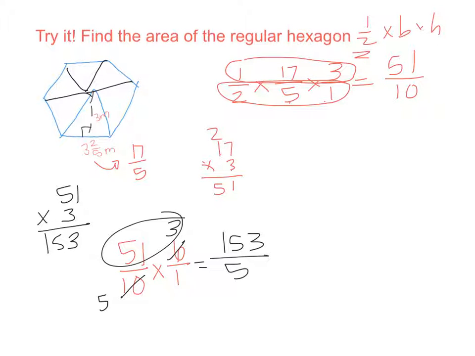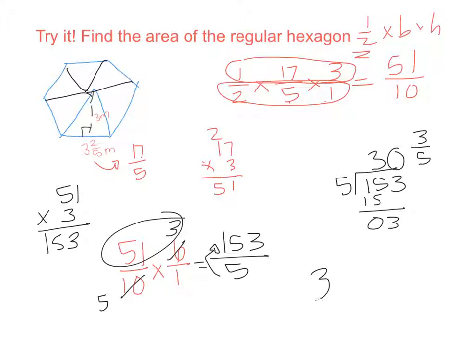Now, this should represent my area of the whole shape, but I just need to divide 5 into 153 to make this a mixed number. And 0, bring down the 3, 30. So I have 30 and 3/5. So my answer would be 30 and 3/5 meters squared.